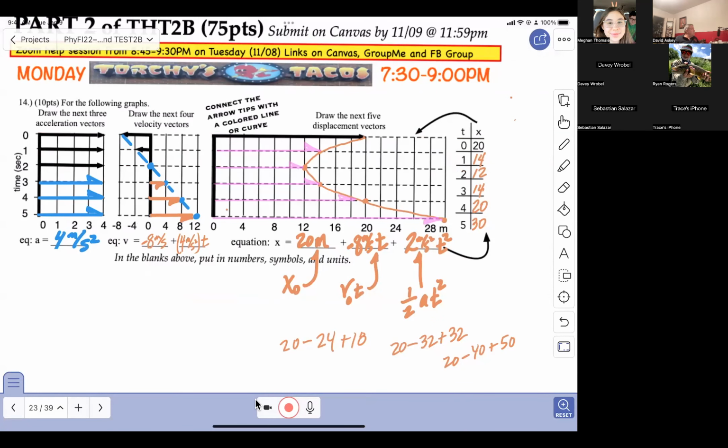Anybody got a question? Ashargo says, does the equation need to be in the proper order? That's a good question. I don't care on these blanks what order you put them in. It doesn't matter. For calculus and for algebra, the standard order is to always put the highest power first, right? See my arrow there.